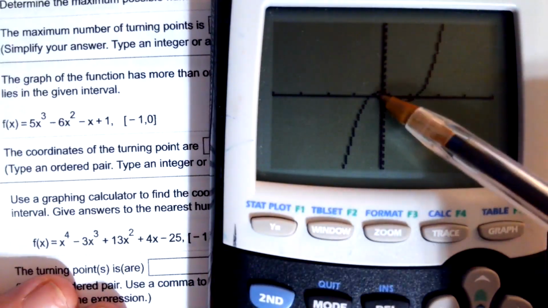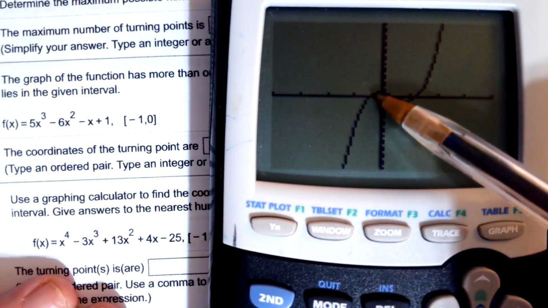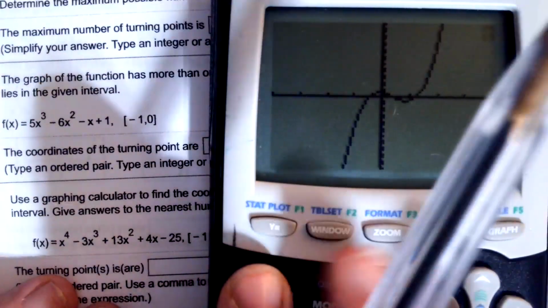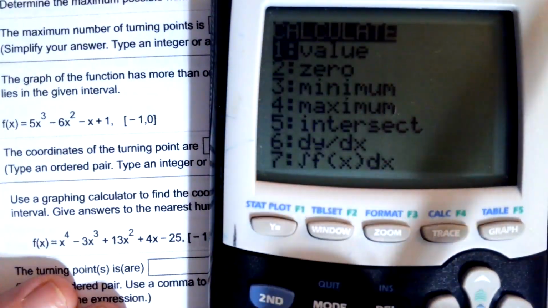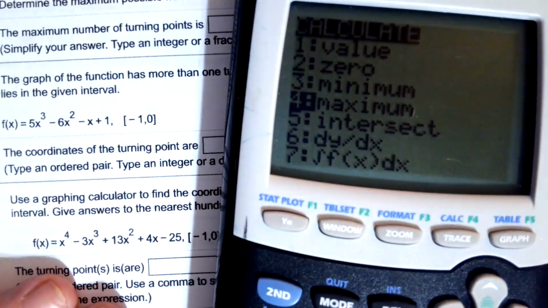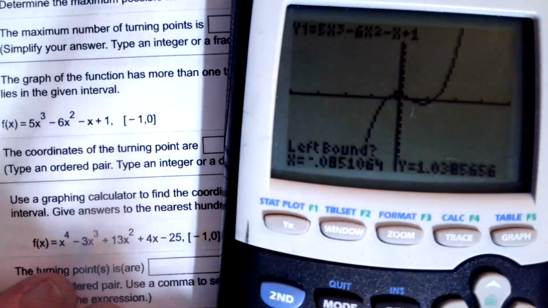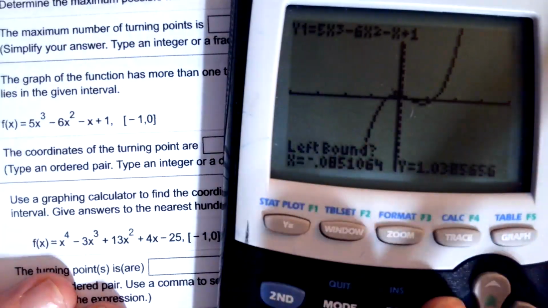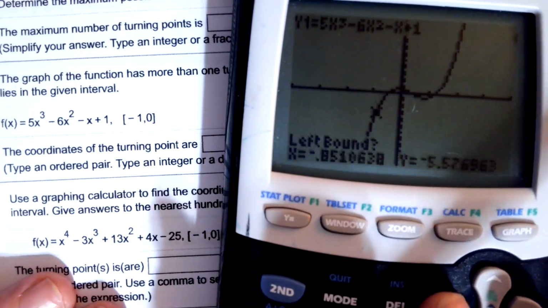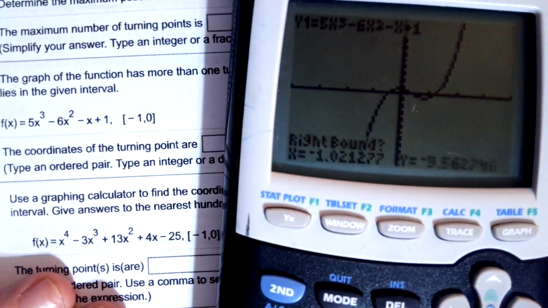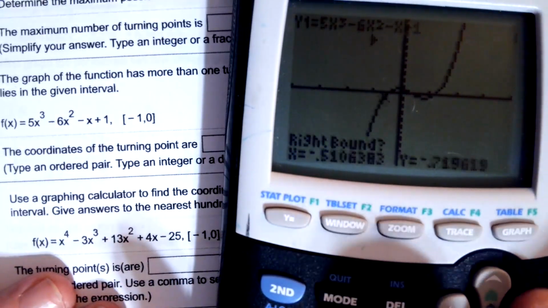That's a relative maximum. In that little area, that's the highest point. So we're going to tell it to calculate a maximum. And it's going to ask me the left boundary, and that's where I want negative 1. So I'm going to scoot over until I get to negative 1, or as close to it as I can. And then I'm going to go over until I get to 0.